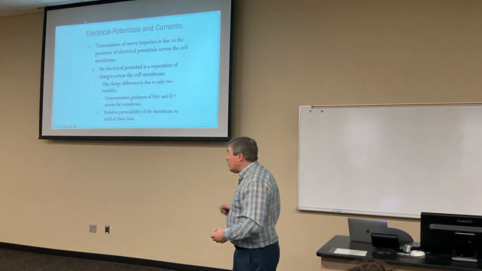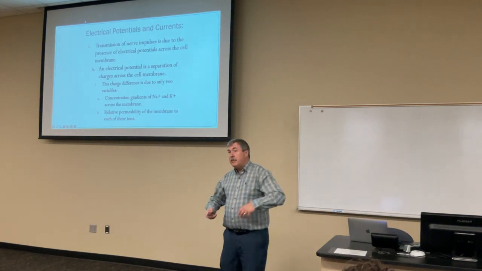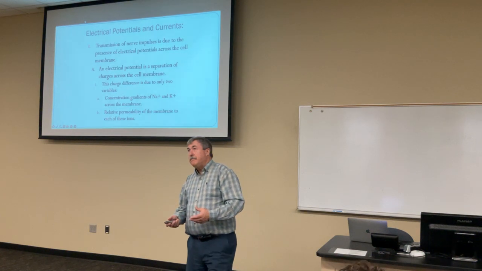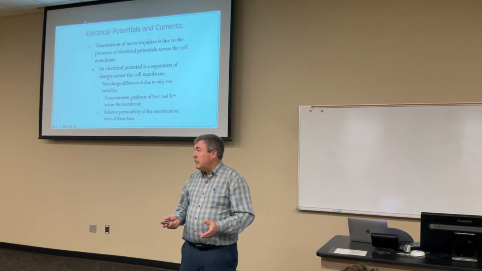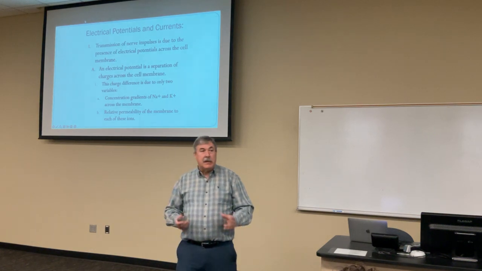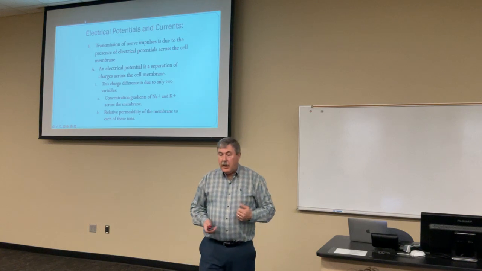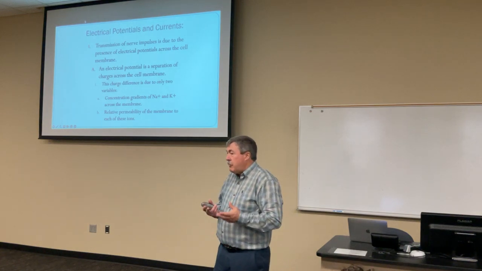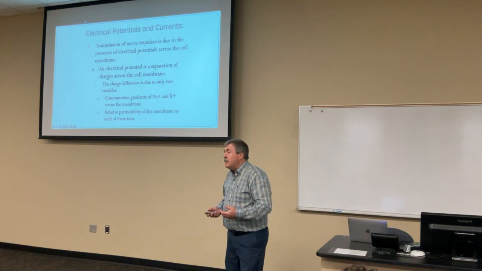The other factor is the relative permeability of the membrane. As I said, the membrane is more permeable to potassium because of the presence of potassium leak channels that allow potassium to leak back out again. And so that's what makes it possible for the inside of the membrane to be more negative than the outside.